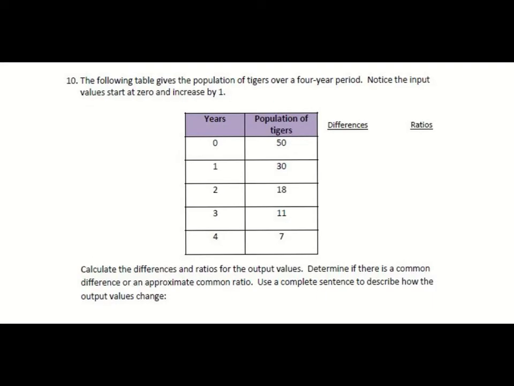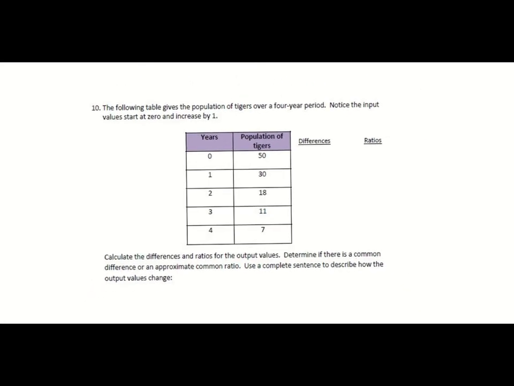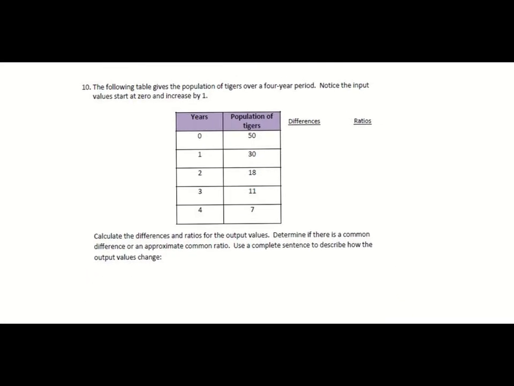All right, so same problem again. Let me make it smaller just so I have more room. So my population of tigers, if I find my differences, I'm going to have -20, -12, -7, -4. If I do my ratios, 30 divided by 50 comes out to 0.6. 18 divided by 30 comes out to be 0.6.